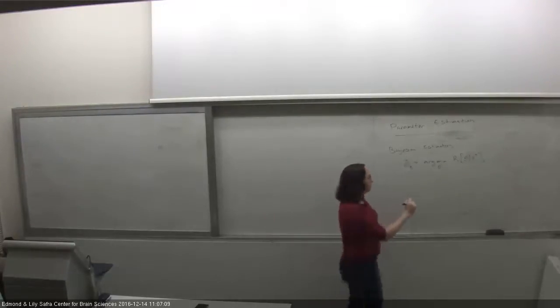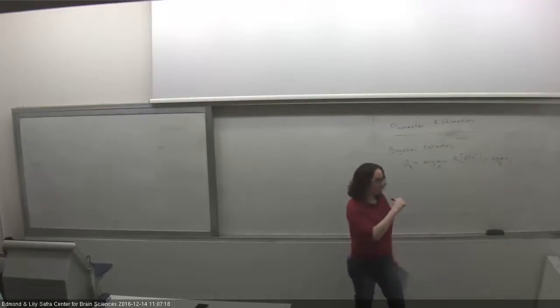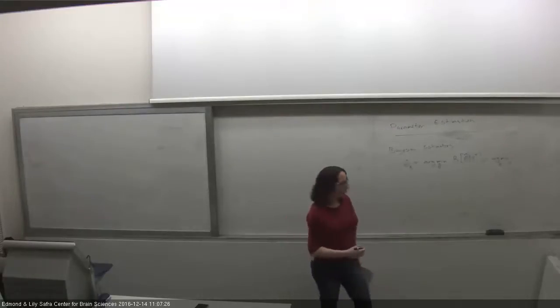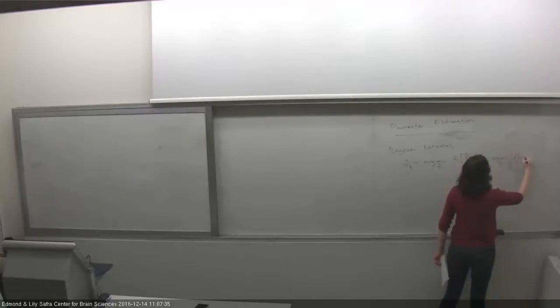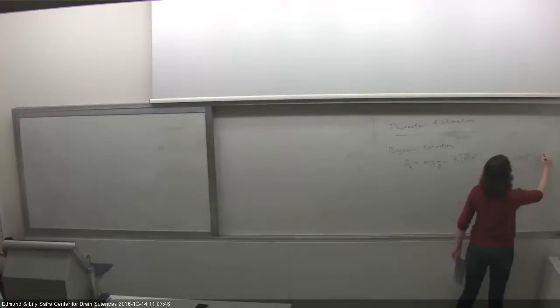And what is the conditional risk? We integrate over all possible values of theta, the true value, of the posterior distribution of theta given our observation, times the cost function of theta hat given theta, d theta. Here I assume it's continuous, but it doesn't have to be a continuous random variable.